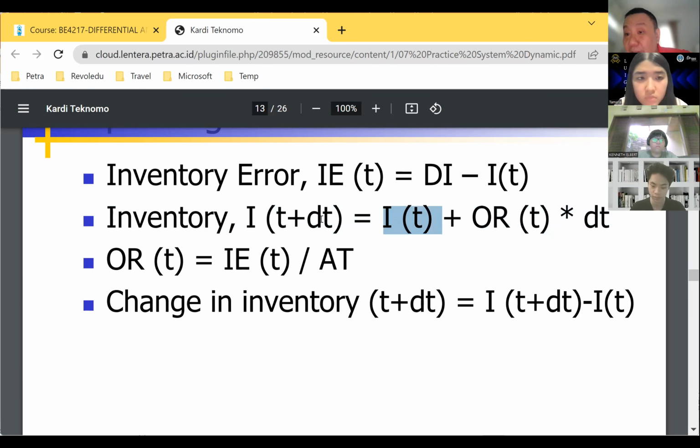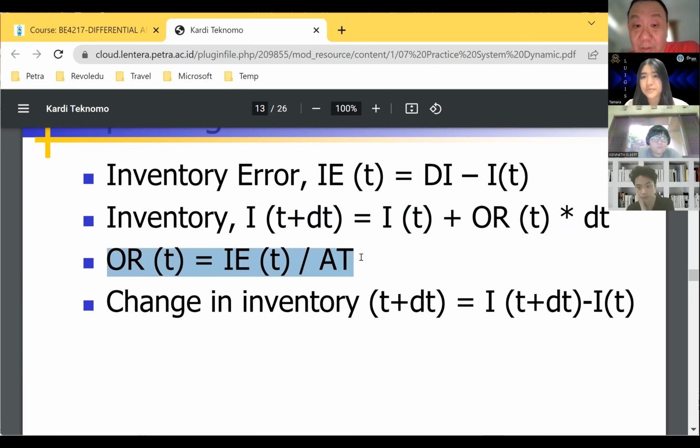This is the first order equation, right? The level equation is always like this. So what you design is actually this one. Can you see the rate equation is the one that you design? Is this clear?